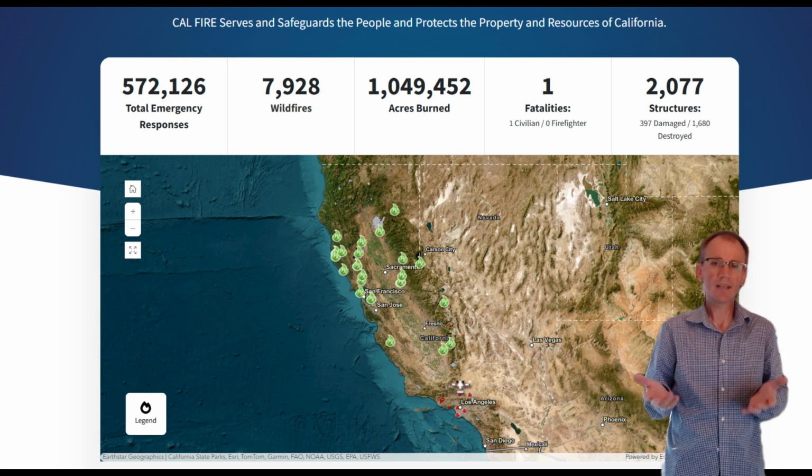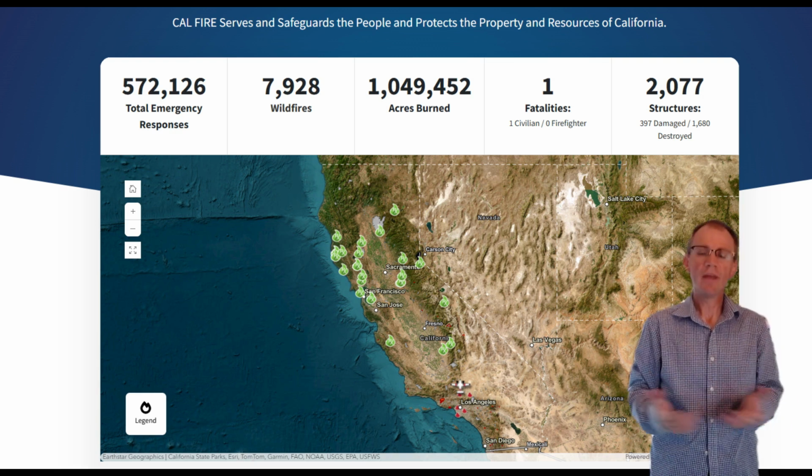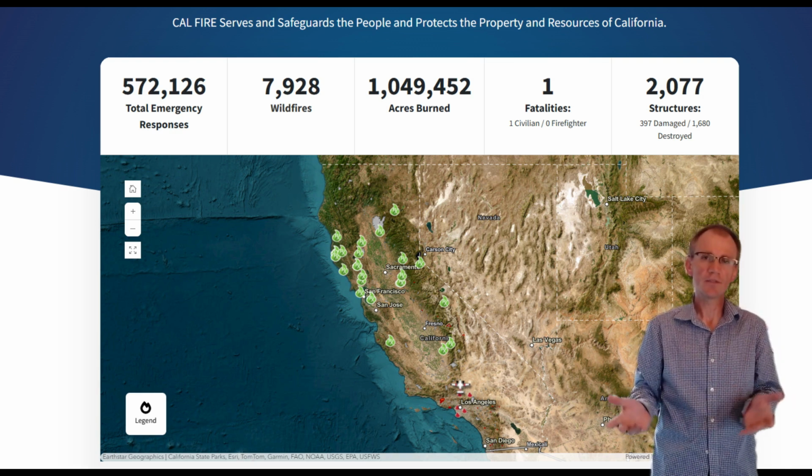But the reality is, again, with rights of way, this is why it's so important that we don't have that brush and those weeds growing close to the roads, because it just leads to more and more of these wildfire situations. Also, making sure that the brush and debris is trimmed back from the roads really helps firefighters.